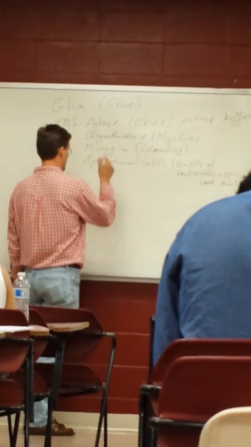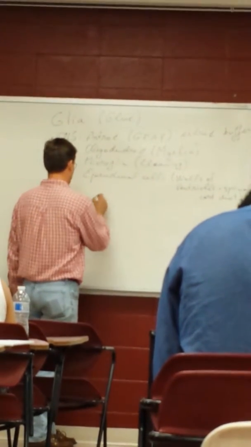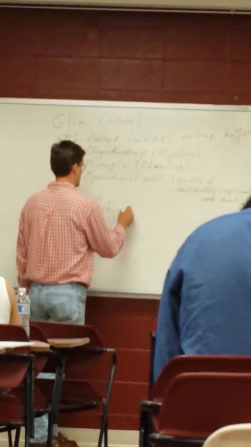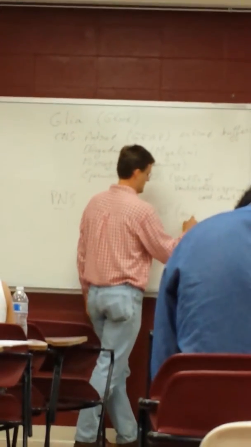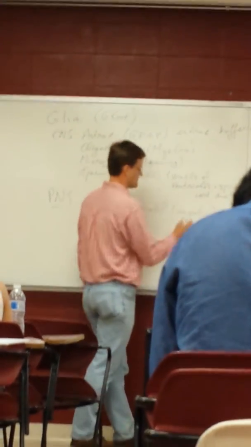So the peripheral nervous system, basically your nerves and other structures, also contains a type of glial cell that has a different name, called the Schwann cell. And it produces myelin, similar to the oligodendrocytes in the central nervous system.